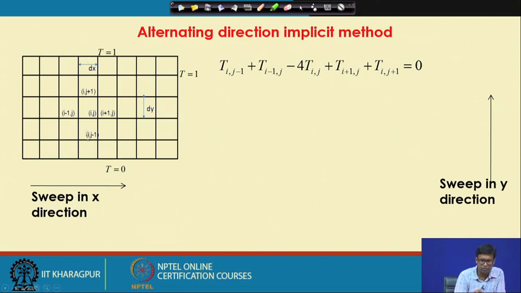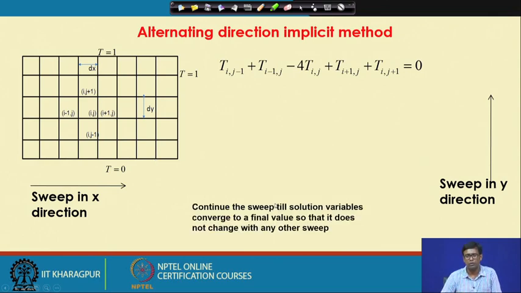We alternate these directions, once in the x direction and once in the y direction, until it converges to a final value, when the solutions do not change.